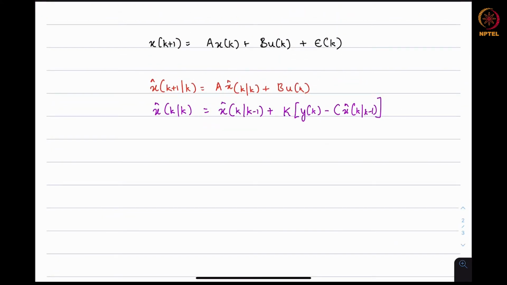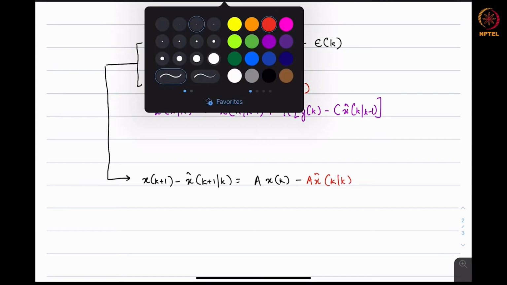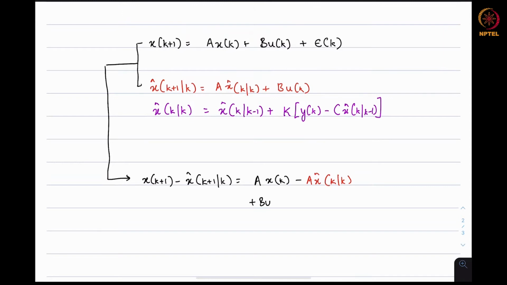Okay, so let's take these two equations, subtract them, and what we are going to get is x k plus 1 minus x hat k plus 1 at k is going to be equal to a x k minus a x hat k given k plus b u k minus b u k.